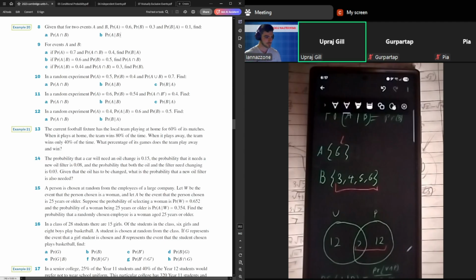Is the answer to both of them 0.1? 0.1 to both, to the intersection and the conditional probability for question 8? Not quite.